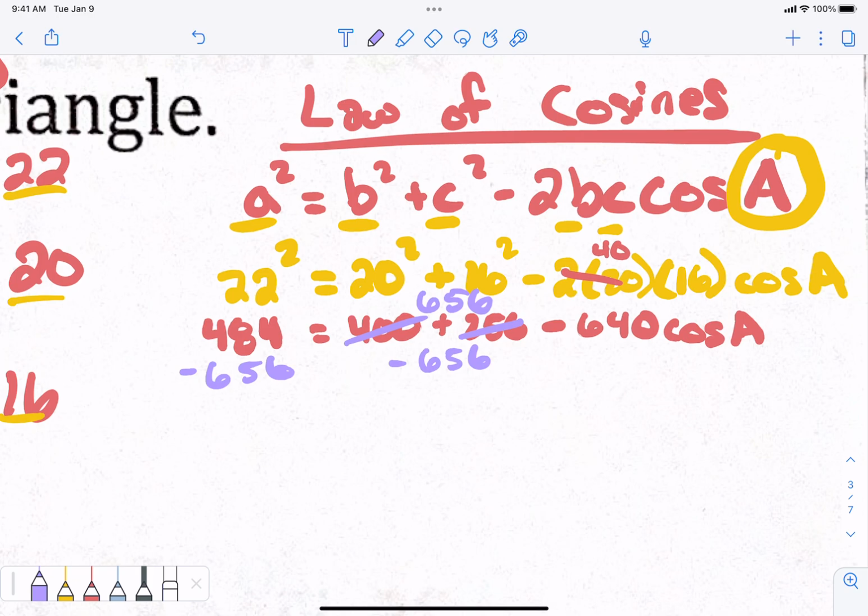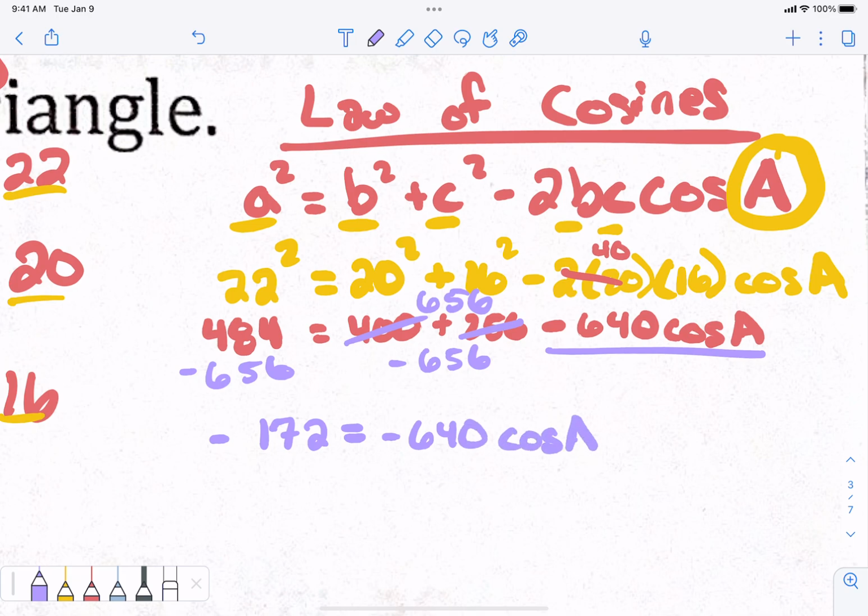Okay? All right, if I'm going too fast, pause. 484, this is where I get stuck. 484 minus 656 is negative 172 equals, and then I have negative 640 cosine of A. All right, now I take the 172 and I divide by negative 640 because it's multiplied by cosine, so I have to divide it to the other side.